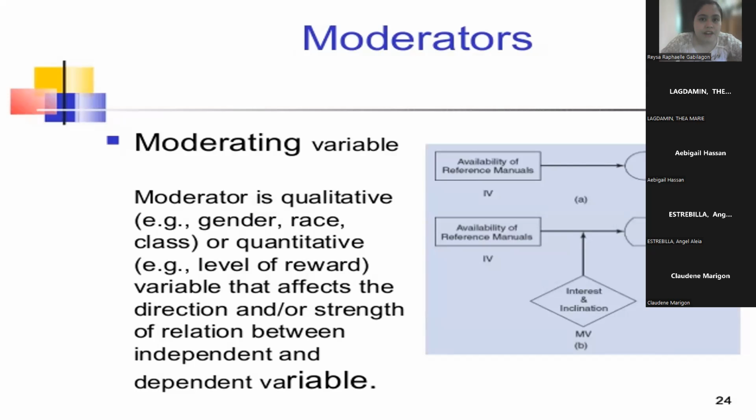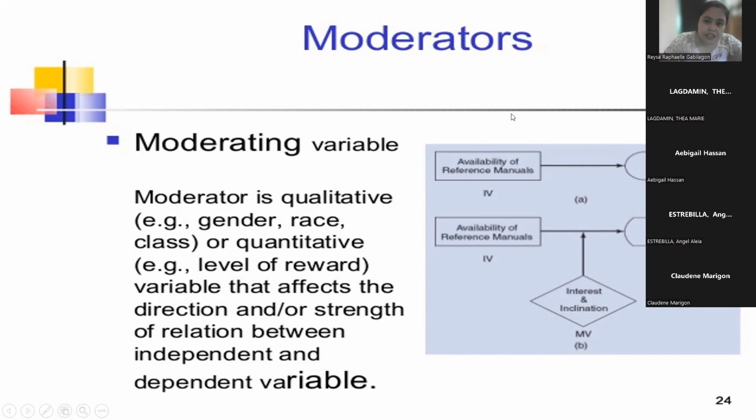But actually, we have another extra variable here, pero this one is depende na sa research ninyo. Ito yung tinatawag natin na moderating variable. Pwede siyang quali, meaning wala siyang numerical value. Pwede din siyang quanti na may numerical value siya. As long as ito yung ma-identify natin na variable that will affect the direction or the strength of the relationship between the independent and the dependent variable. So we have here an example, availability of reference materials.